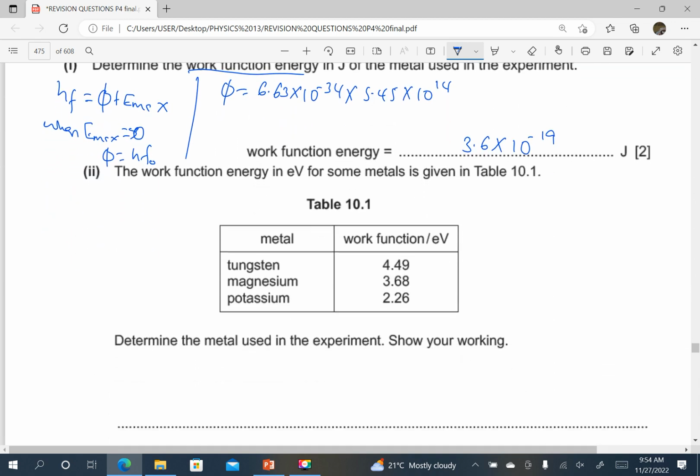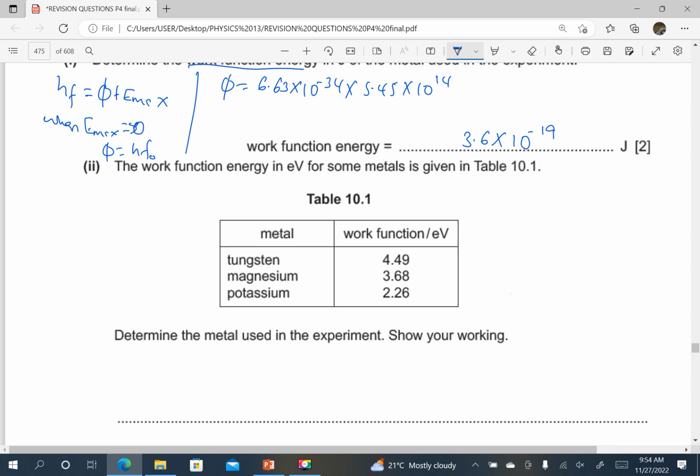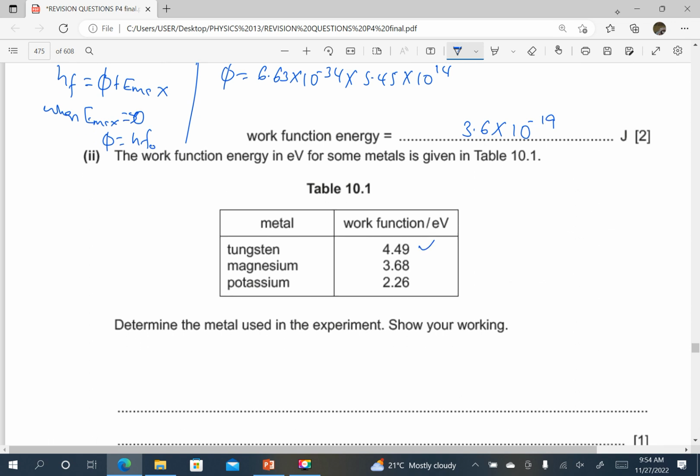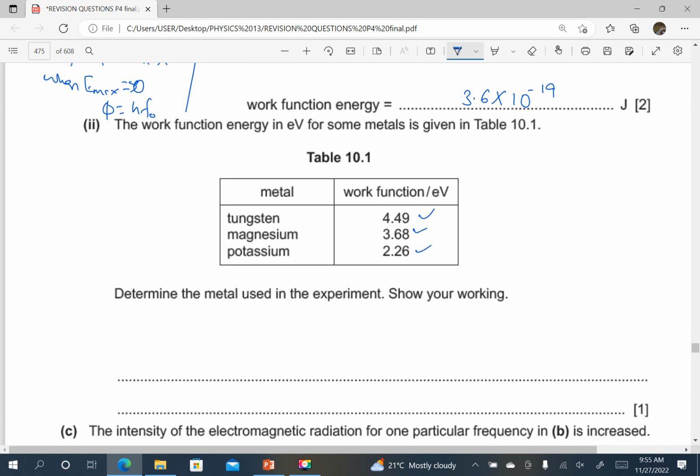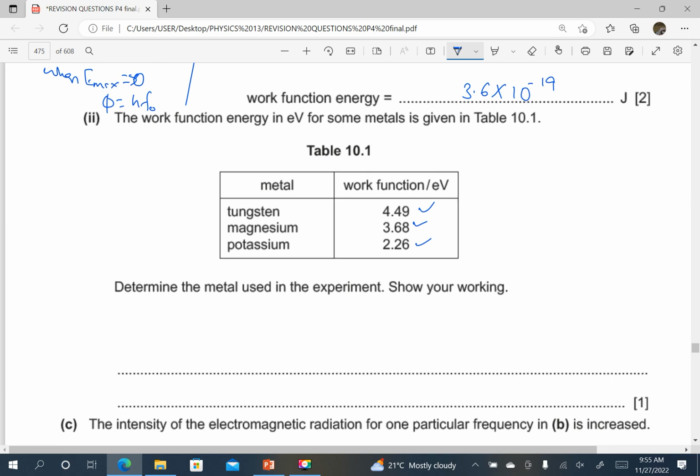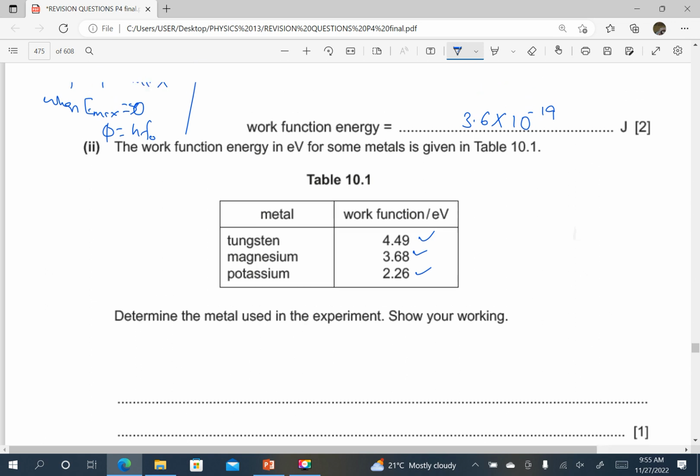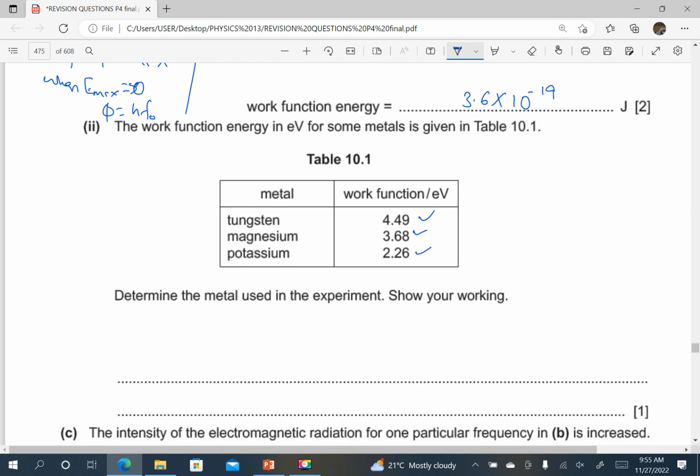The work function energy in electron volts for some metals is given in the table. They have given us tungsten, magnesium, and potassium. Determine the metal used in the experiment. Show your working. We just convert that work function to electron volts and see which of these is very close to it.